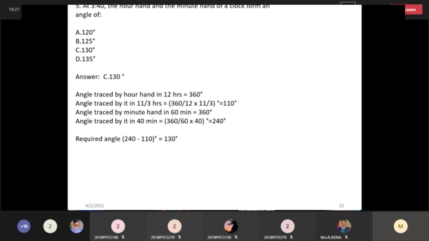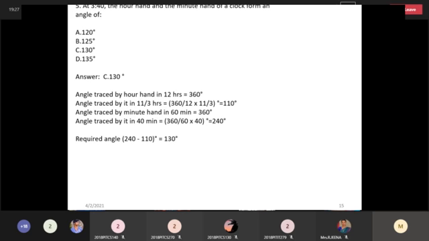The angle traced by the minute hand in 60 minutes is equal to 360 degrees. The angle traced by it in 40 minutes is equal to 360 divided by 60 into 40, which is equal to 240 degrees. So the required angle will be 240 minus 110 degrees, which is equal to 130 degrees.